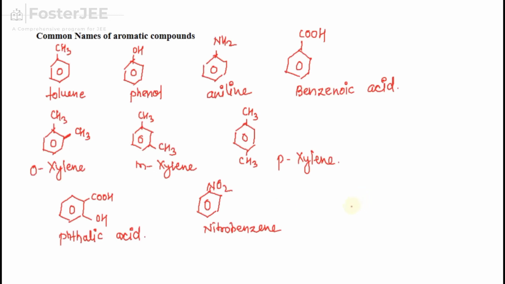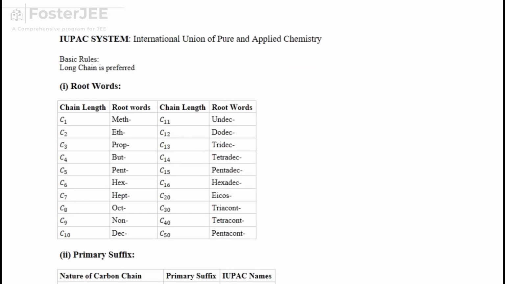Now let's move to the IUPAC system of nomenclature of organic compounds. Now comes the IUPAC system. It is the International Union of Pure and Applied Chemistry.